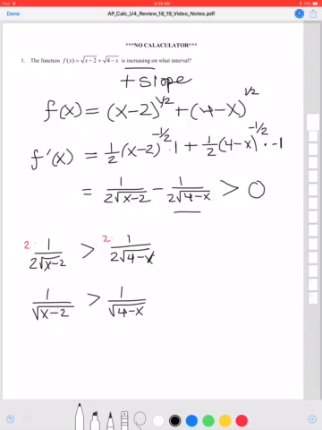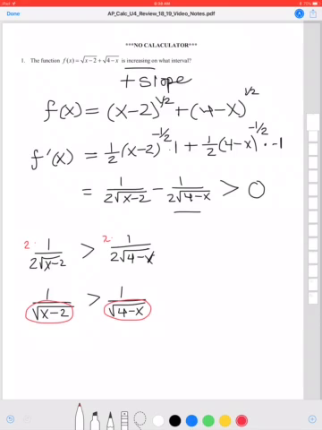Which would be, we can do the reciprocal of that. So 1 over the square root of x minus 2 is greater than 1 over the square root of 4 minus x if this denominator is actually less than this denominator, right?